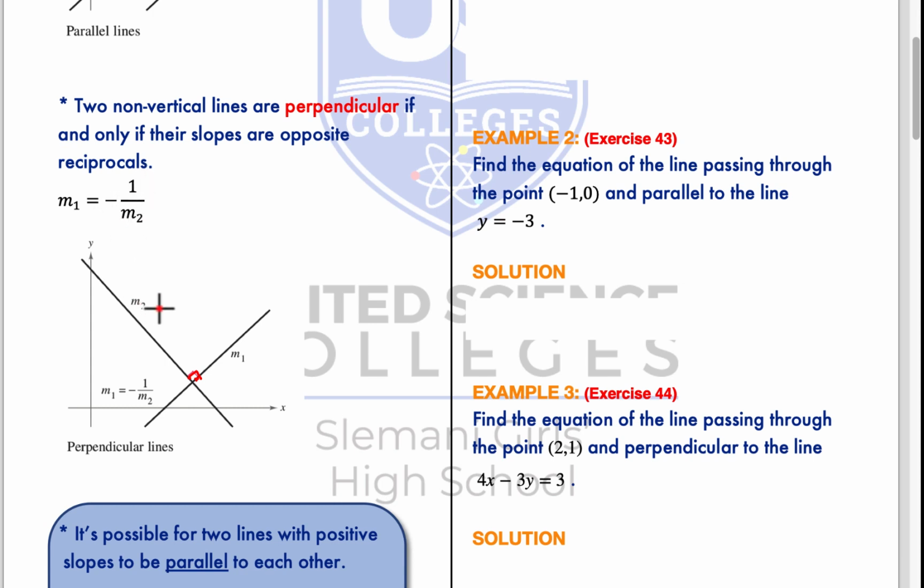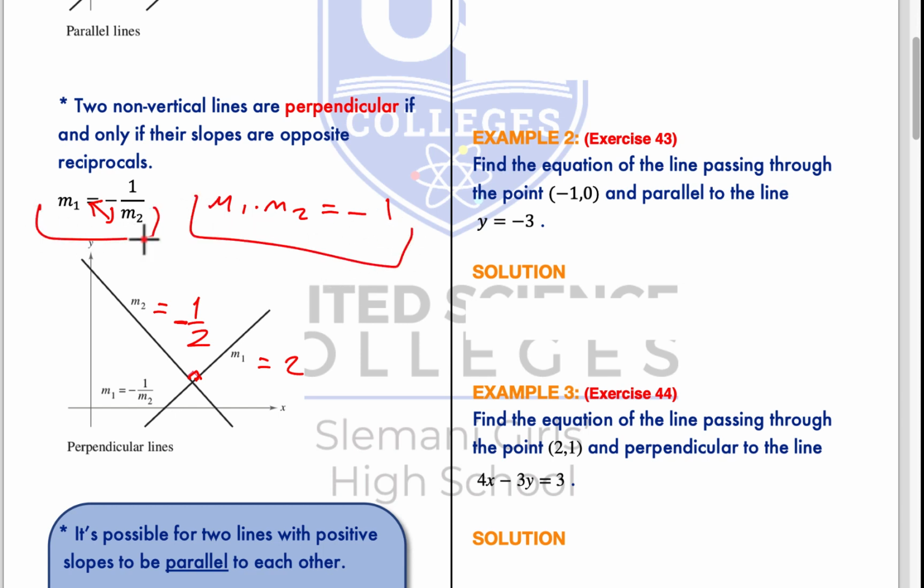So if you know the slope of one of them, let's say the slope m1 is 2, the slope m2 is, you reciprocate this number and take its opposite. -1 over 2 is the opposite reciprocal of 2. In another word, when you multiply these, m1 times m2 is equal to -1. Whatever suits you, you use either this or this. They have the same idea.